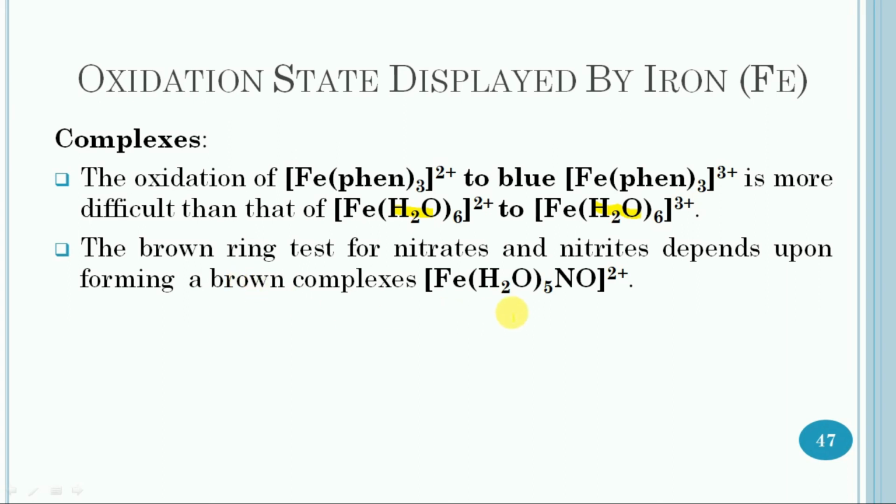The brown ring test for nitrate and nitrites depends upon forming a brown complex having this formula.